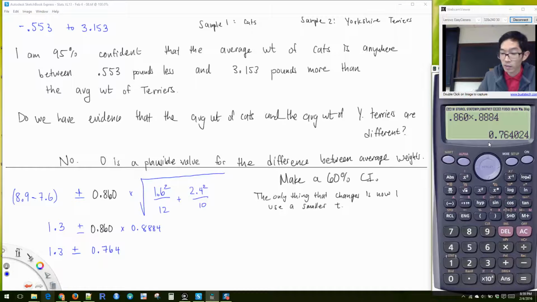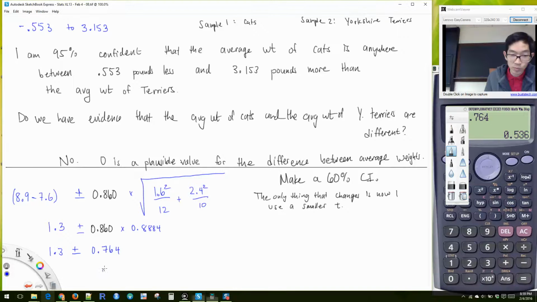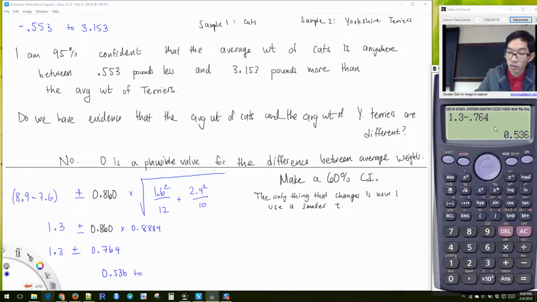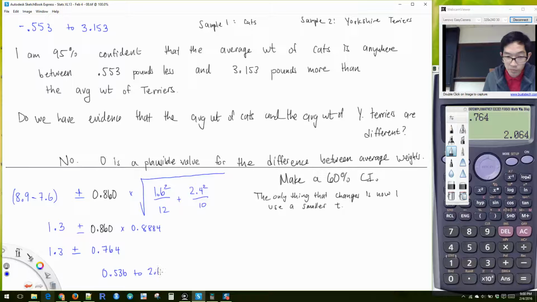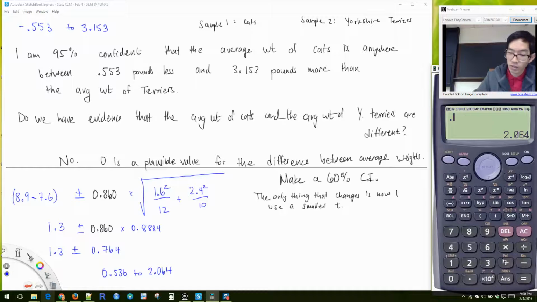So 1.3 minus 0.764 takes me to 0.536, and 1.3 plus 0.764 is 2.064. How'd you get 764? I got 760. Did I type something wrong? 0.860 times 0.8884. That's what I'm getting.